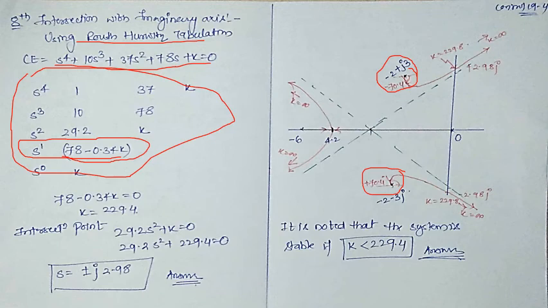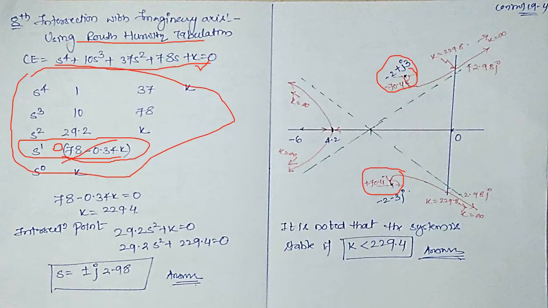How are you doing so? See, in the Routh-Hurwitz table, if this value comes as 0, that means for that value of k the root locus is crossing the imaginary axis, or for that value of k the roots of the characteristic equation will have imaginary part only.